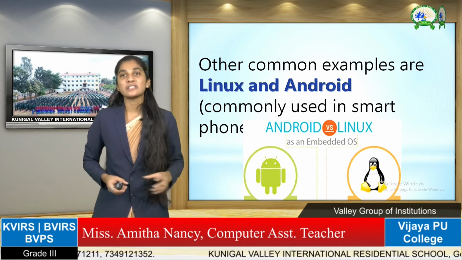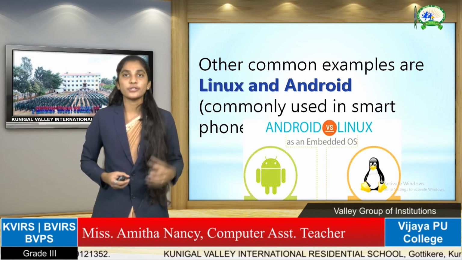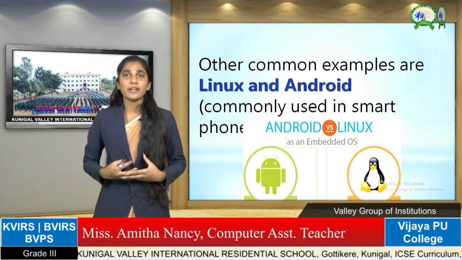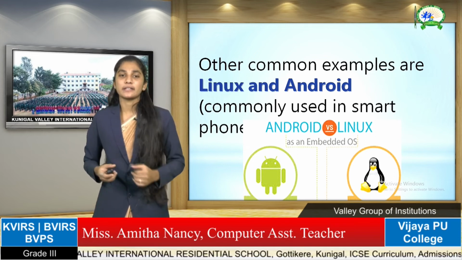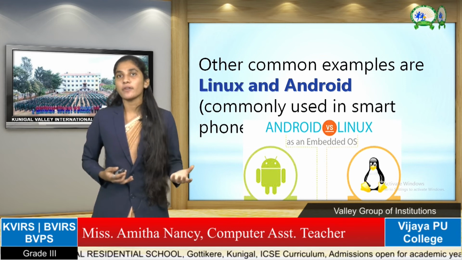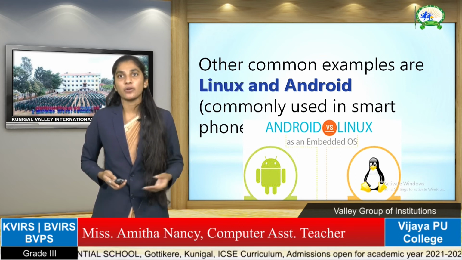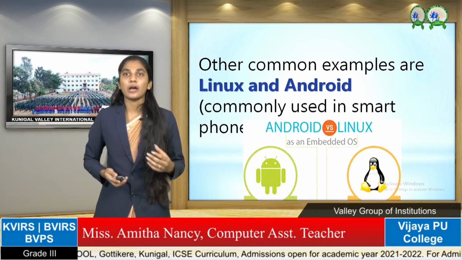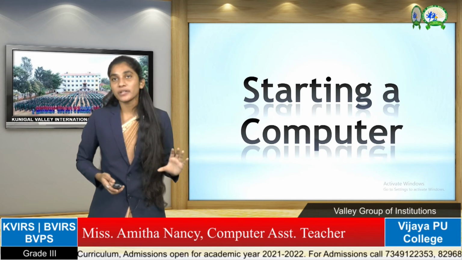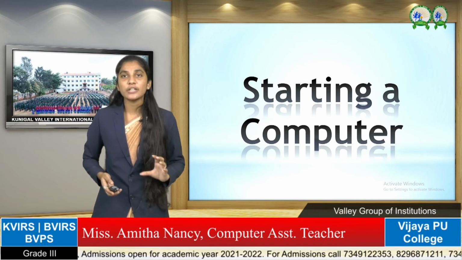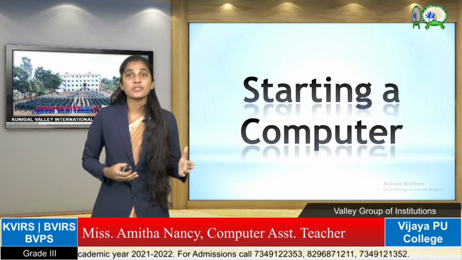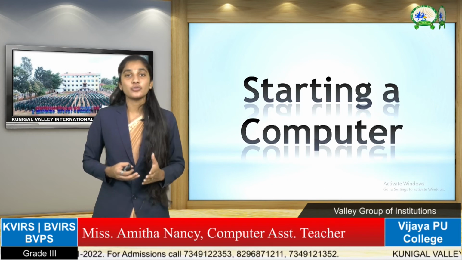Another common operating system used for Android devices, that is our mobiles, tablets or handheld devices, is Android and Linux. These are the most commonly used operating systems, and we have another operating system from Apple for iPads and Apple phones. We have learned what an operating system is and what a graphical user interface is. Then we know the difference between character user interface and graphical user interface.